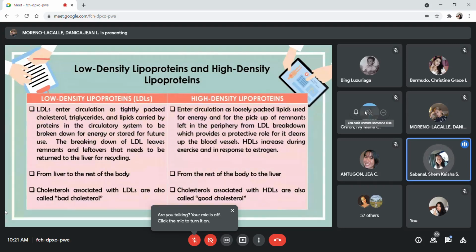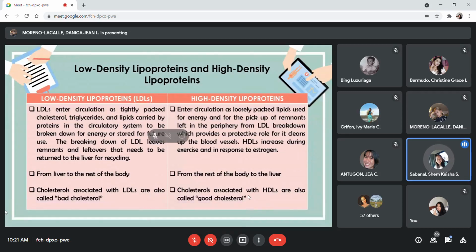So LDLs enter the circulation as tightly packed cholesterol, triglycerides, and lipids carried by proteins in the circulatory system to be broken down, either for energy or for storage. So the breaking down of this LDL will leave remnants, or kung ato pang in simpler terms, siya basura after nimo na break down ang LDL, and this will be left in our blood vessel.